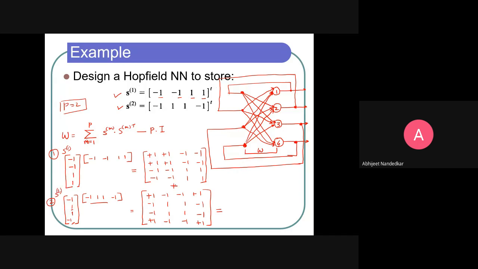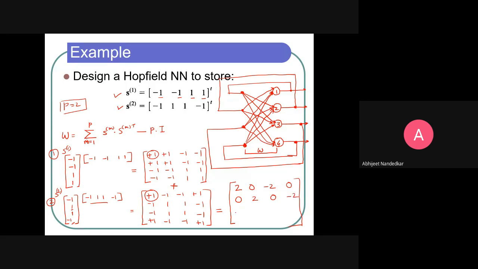Now we have to add these two matrices. Okay, so this will be 2, then I think 0, minus 2, just verify, 0, then 0, 2, 0, minus 2.